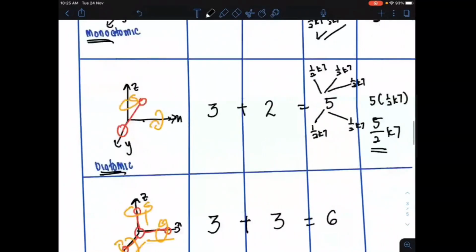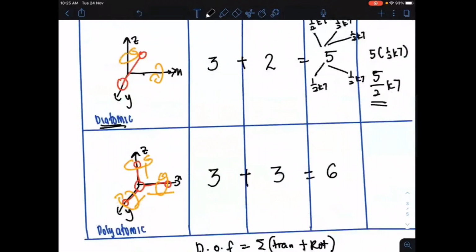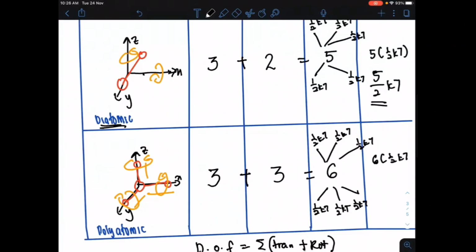And then lastly for polyatomic kita ada 6 degree of freedom. Setiap degree of freedom akan simpan half kT. So you will end up with 6 times your half kT, 6 times the average kinetic energy. So kamu akan dapat sebanyak 3 kT for polyatomic.